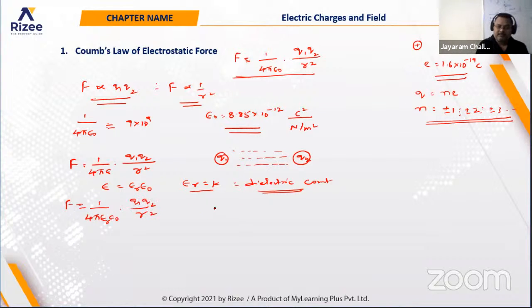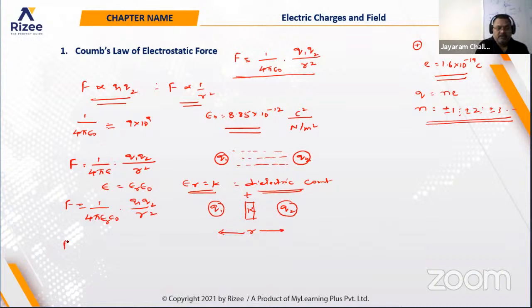Now, if the space between the two charges Q1 and Q2 is partially filled with a dielectric of thickness t, and the constant is k, so epsilon r is k, and the total distance is r, then what will be the force?